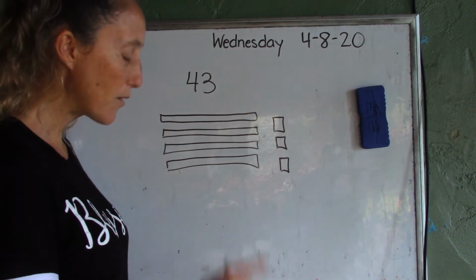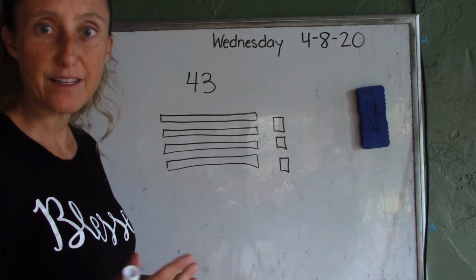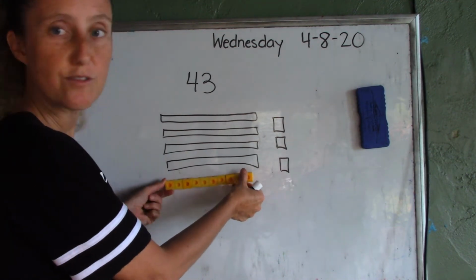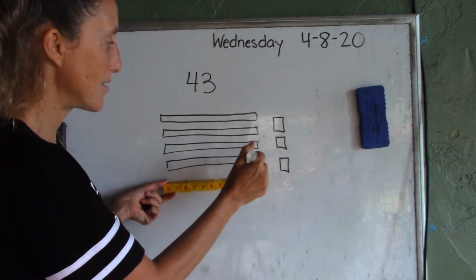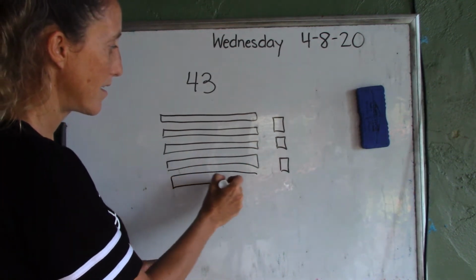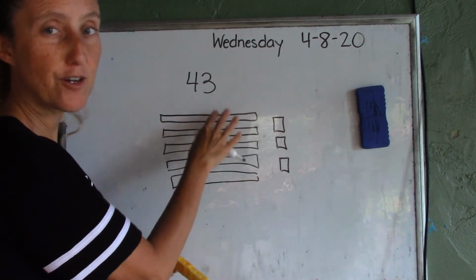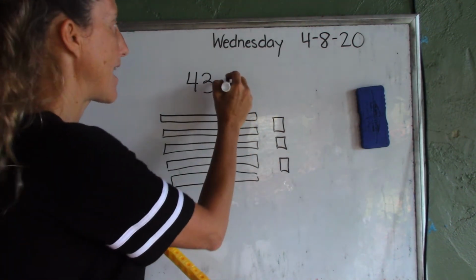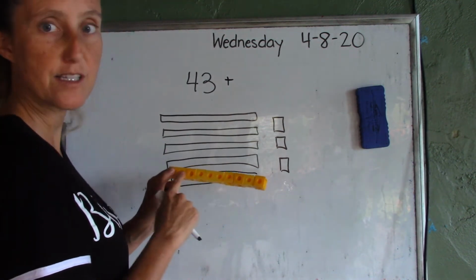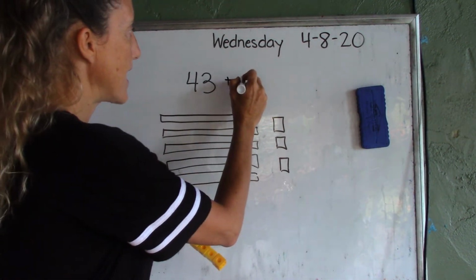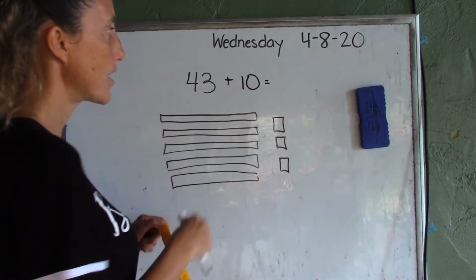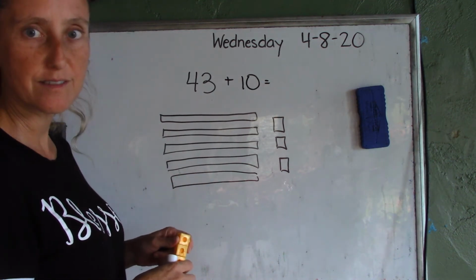All right, good job. Now, what happens if I add this one to it? So there's one more. That means I had 43, but now I'm going to add how many more? How many more is in this train? 10, right? So what is 43 plus 10 more?